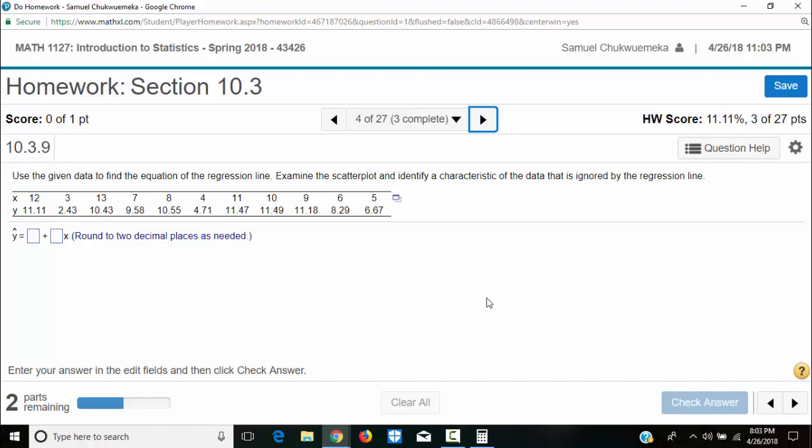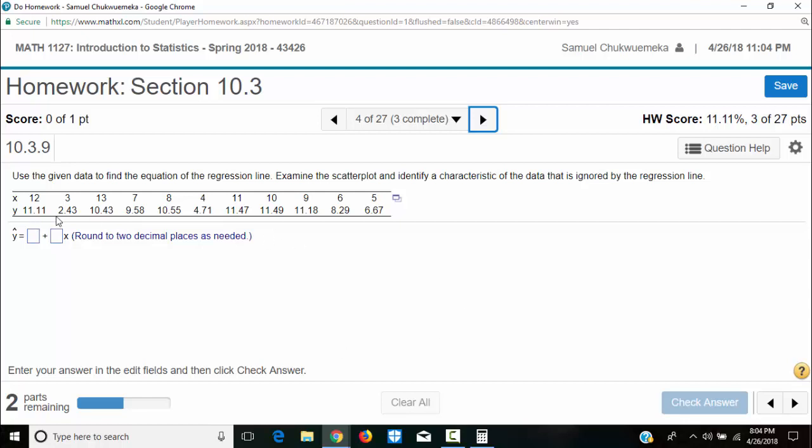Question 4. Use the given data to find the equation of the regression line. Examine the scatter plot and identify a characteristic of the data that is ignored by the regression line. So what we're going to do is we'll do this question with StatCrunch, then we'll do it with my calculator.